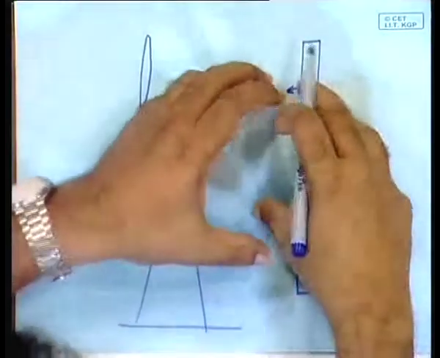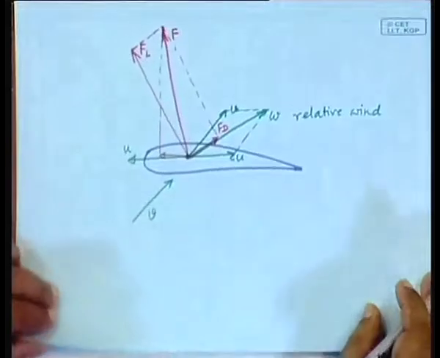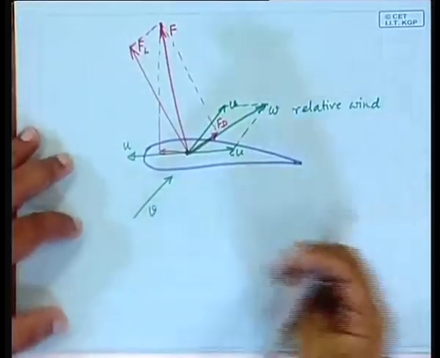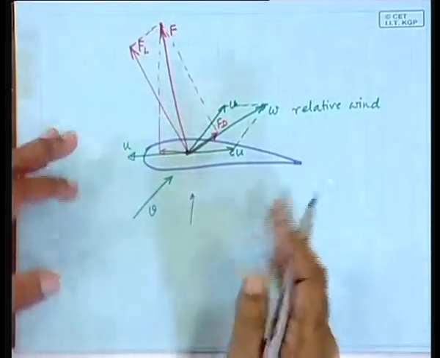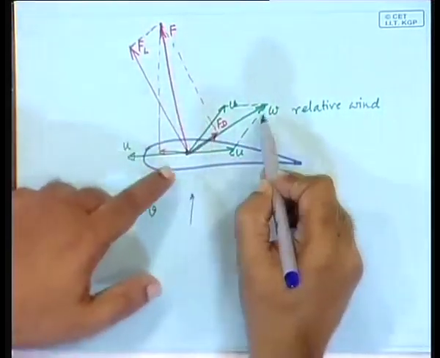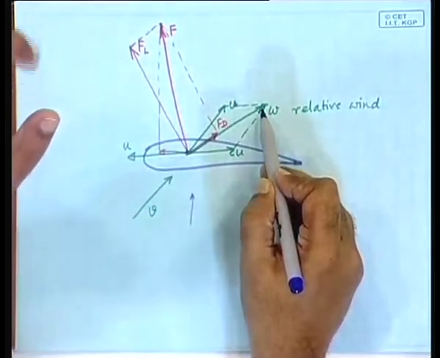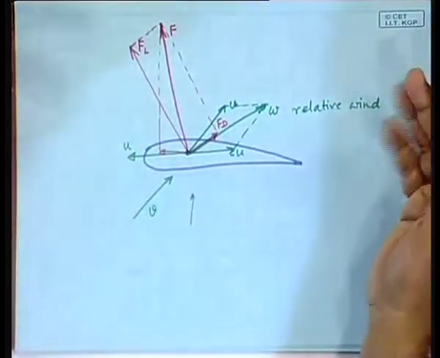So, wind is coming like this, this fellow is rotating like that, and obviously in this case wind will be coming like that. There will be again a parallelogram creating this relative wind, but in that case you will not need to draw a parallelogram, it will suffice to draw a rectangle because they are orthogonal.